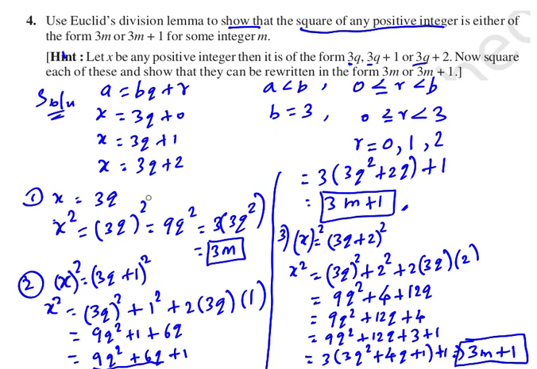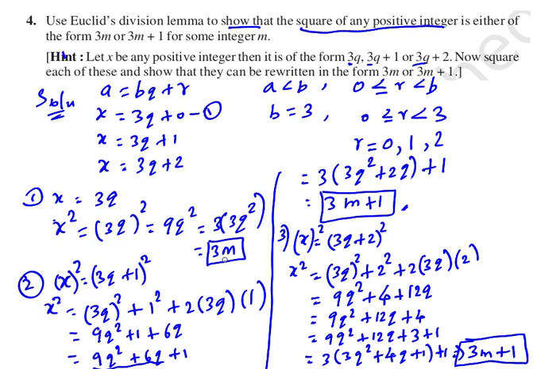So what is the first equation? x equal to 3q, the square of that can be written in the form of 3m. x equal to 3q plus 1, the square of that number can be rewritten in the form of 3m plus 1. The third one is x equal to 3q plus 2. If we square on both sides, x square equal to (3q plus 2) the whole square, that can be rewritten in the form of 3m plus 1.